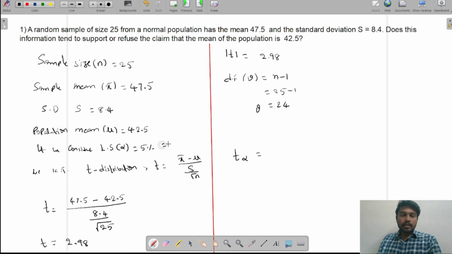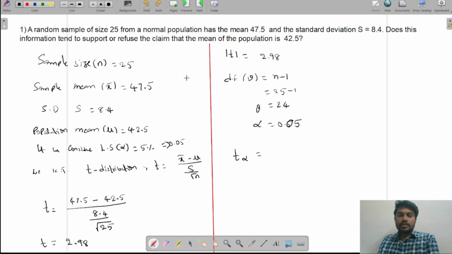So it is nothing but 0.05. If the alpha value is not given in the question, then we have to consider the standard value of 5 percent. So 5 percent means 0.05. So alpha equal to 0.05, and here the nu value is 24.